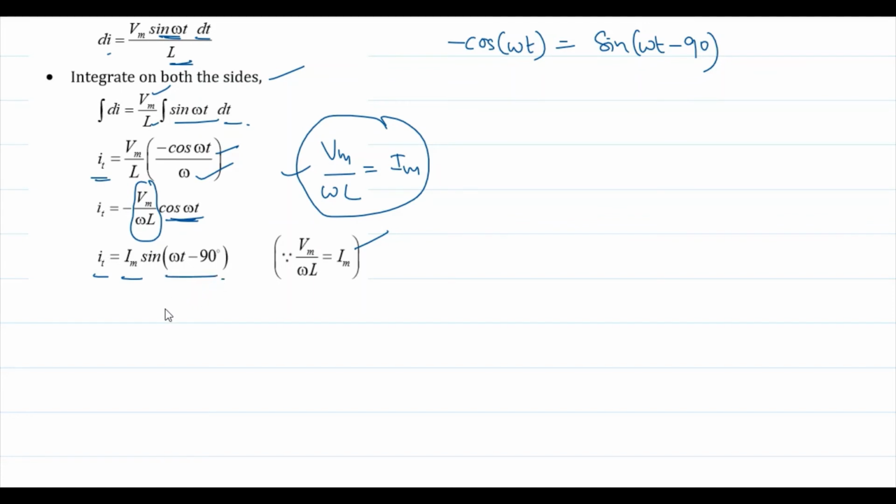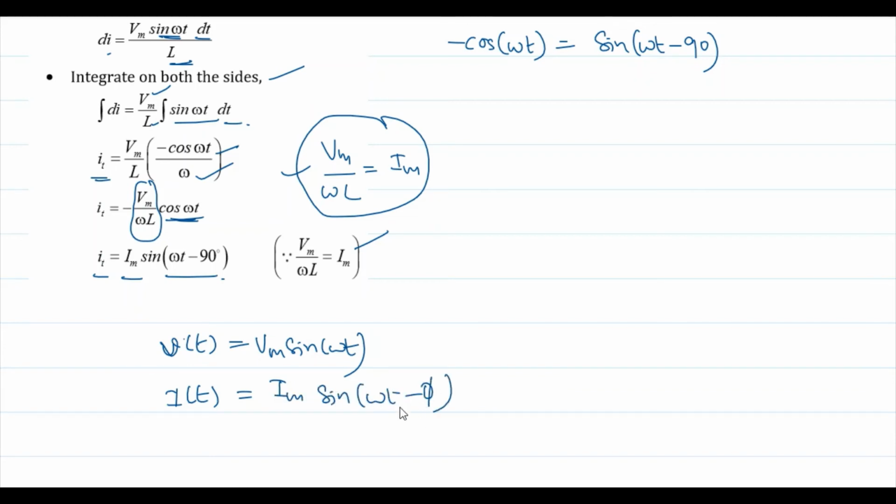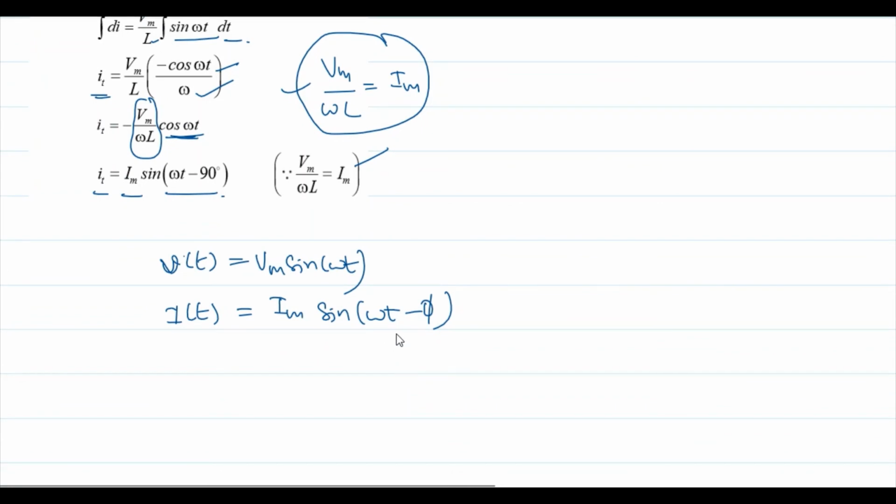Now if you compare both equations, the instantaneous voltage V of t is equal to Vm sine of omega t. Then the instantaneous current I of t is Im into sine of omega t minus 90, right? If you look at this expression, the current is lagging, because of the phase difference between these two.